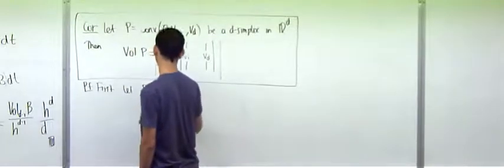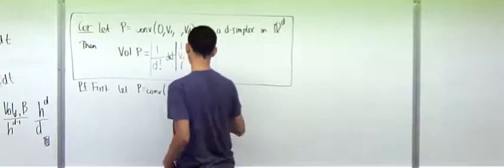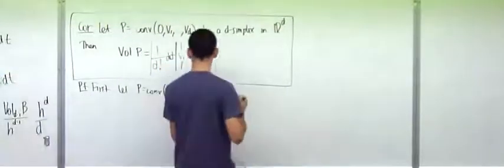Proof first. Let's do it for the easiest one. So let's assume that our simplex is the convex hull of the origin and all the unit vectors.